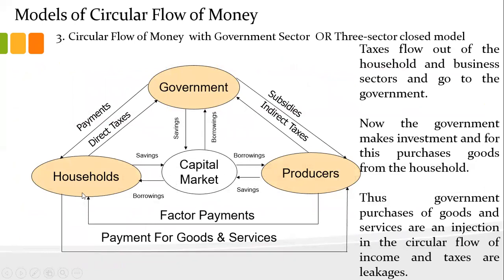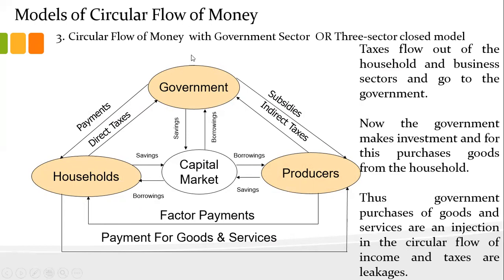So in the capital market, who is doing investment, who is putting their savings? The household sector is putting in their savings, as well as producers and the government also, if they have surplus. All the surplus they are putting in the capital market in the form of saving, and they all can get borrowings from that also.